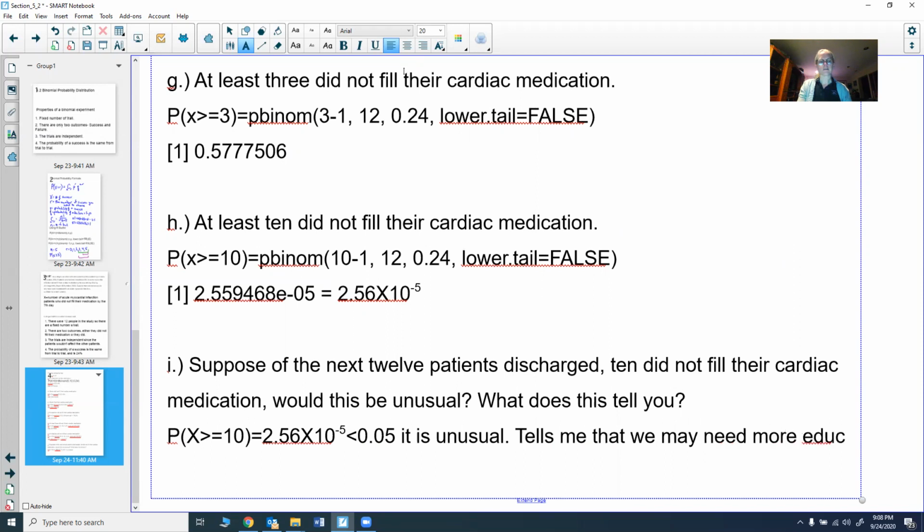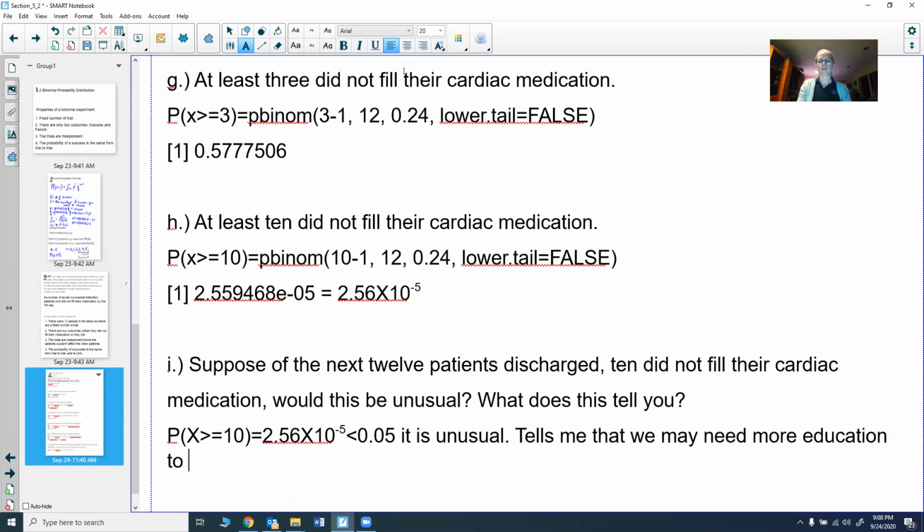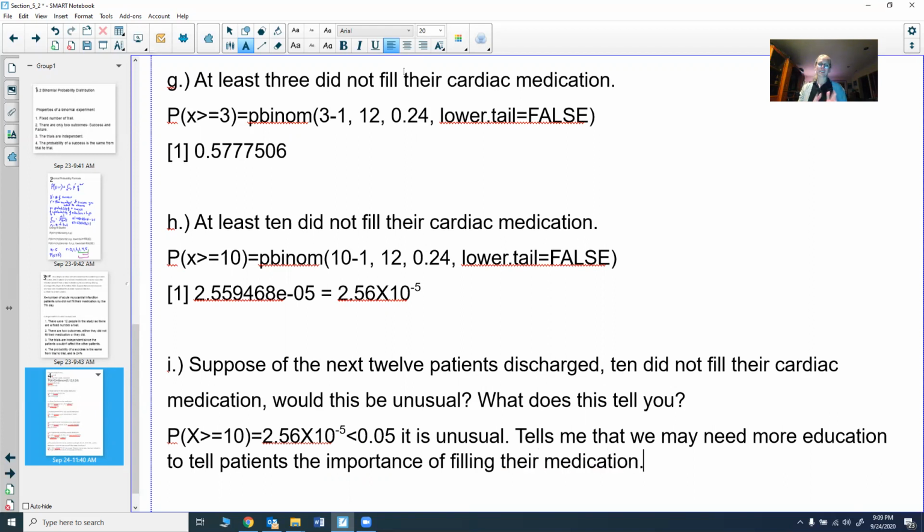more education to tell patients the importance of filling the medication. Because something's going on. This shouldn't have happened, but it did. So since it did happen, something weird is happening.